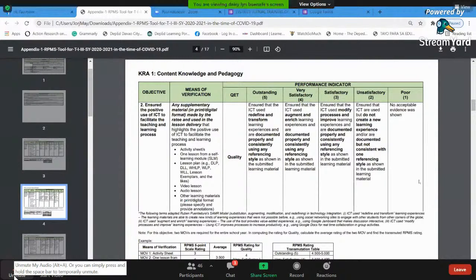Wala ta ng DLL karong panahon na. Or your weekly home learning plan or your week learning plan, which is gitawag nato og ILP, ang atong instructional learning plan. Mao na siya ang weekly learning plan.